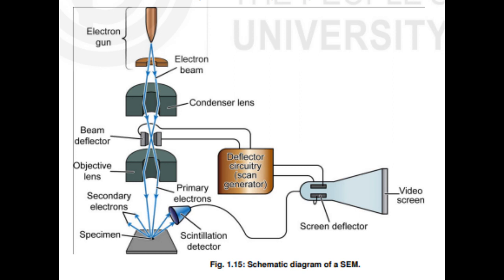The increasing popularity of SEM among cell biologists is because of its remarkable ability to provide details about surface topography, show 3D structure and improved resolution, 30 to 100 Å. Fig. 1.15. Schematic diagram of a SEM.